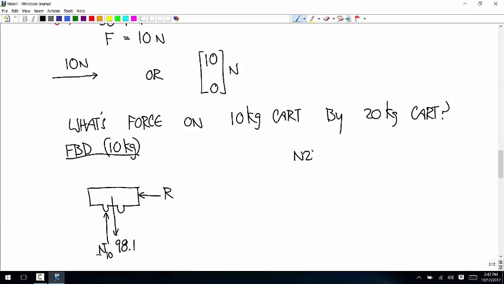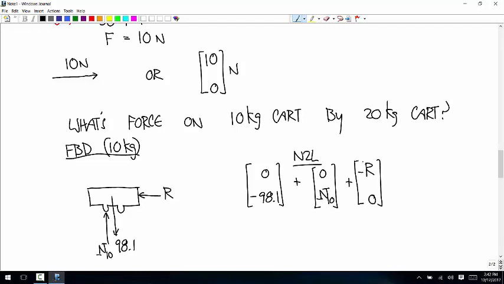So Newton's second law says 0, negative 98.1 plus 0, positive N10 plus that R is pointing in the negative X direction, so negative R, 0 is equal to the mass, 10, times the acceleration.